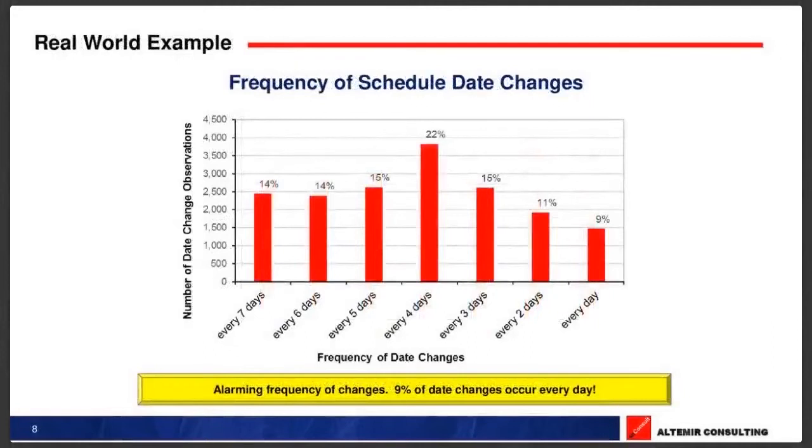So now I want to look at the same data, but from a different point of view. This time we're looking at it in the frequency domain. So not only were dates changing every day, if you looked at the frequency of changes for a particular requirement, and you saw how often that one requirement was changing, some of them changed once a week, but some of them were changing every single day, and some were changing every 2 days or every 3 days.